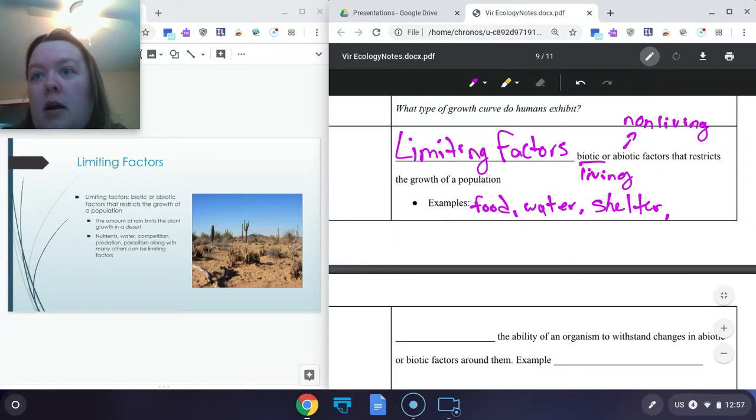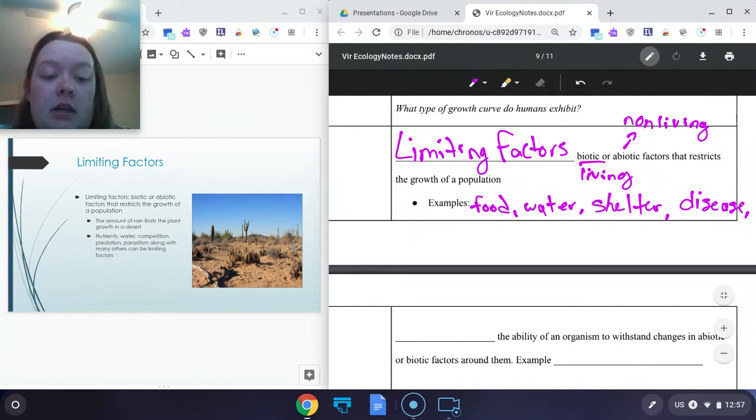However, ones that you might not think about include things like disease. With the coronavirus thing that happened, that was disease showing its ugly head with lots of humans packed in one area. One person gets sick and it spreads like wildfire. That's an example of disease being a limiting factor for a population.